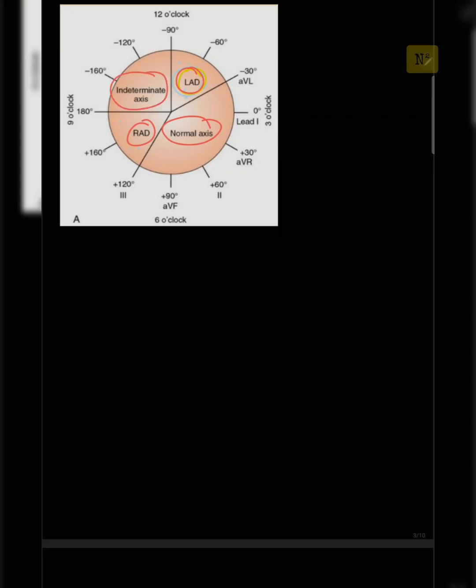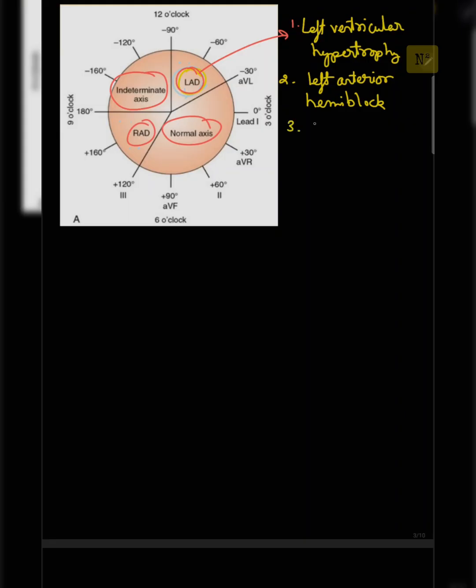Now when does a left axis deviation occur? The left axis deviation is usually found in conditions like left ventricular hypertrophy. You might get this left axis also in a left anterior hemiblock.